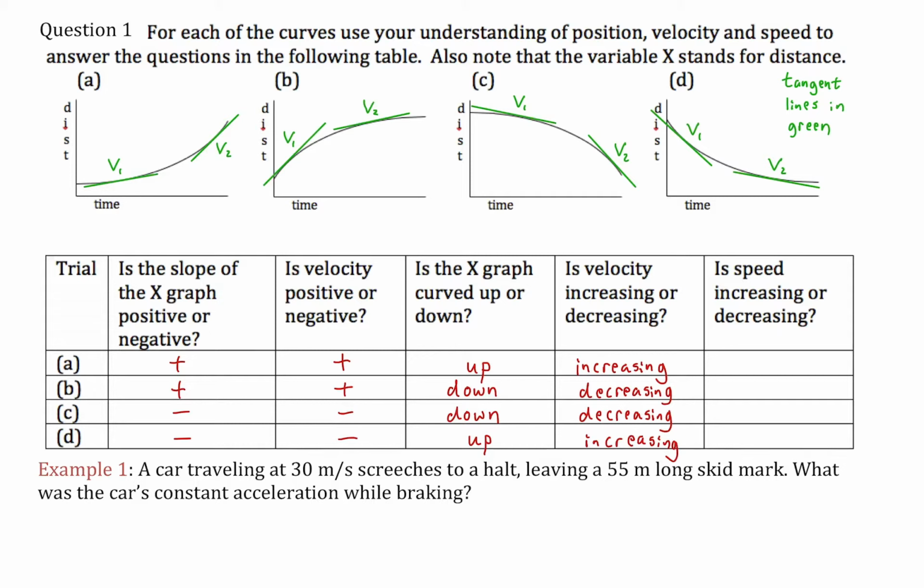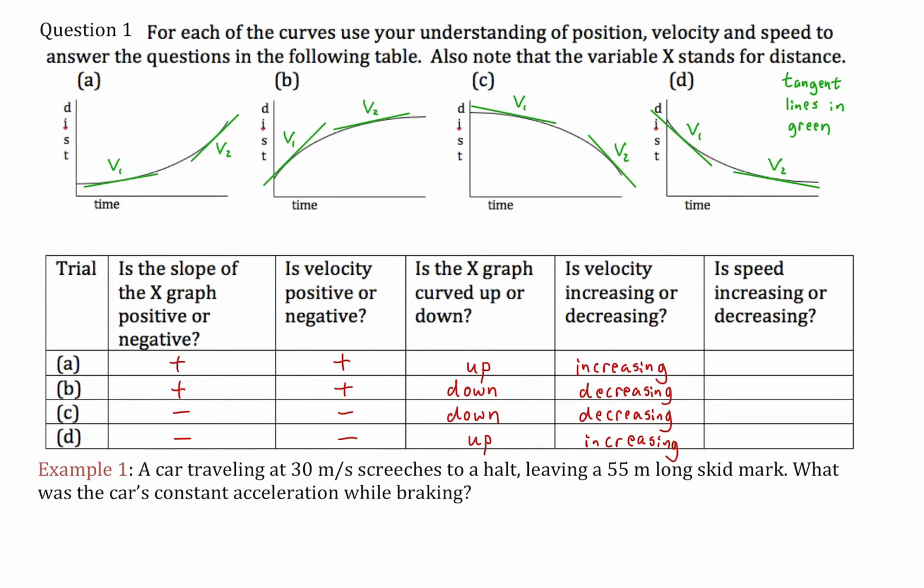Okay. Now what about velocity? Is it increasing or decreasing? Well, the first one we can clearly see it's increasing, right? It's getting steeper. What about B? Well, B is decreasing, right? It's getting less steep. So you might be like, well, C is also increasing, right? It's getting steeper, but it's getting more negative, and velocity is a vector, not a scalar. So think about it. If this velocity right here is, say, negative 1 meter per second, maybe V2 is negative 3 meters per second.